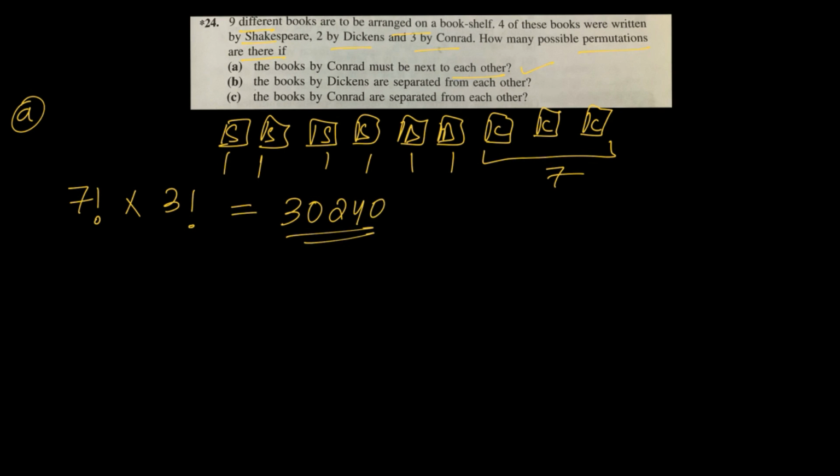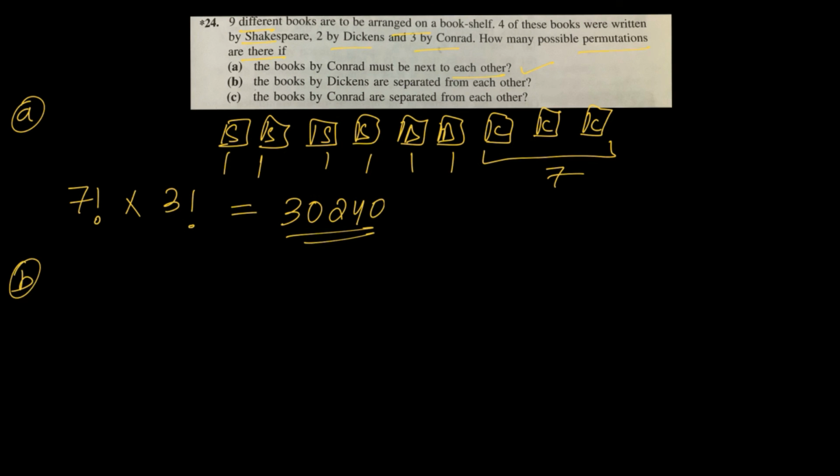We'll consider the Conrad books as 1, so we have 7 units. So 7 factorial into 3 factorial, because these 3 books can be shuffled amongst themselves. So 7 factorial into 3 factorial will give us the number of arrangements we can have if Conrad's books are kept next to each other. So this gives us 30,240.